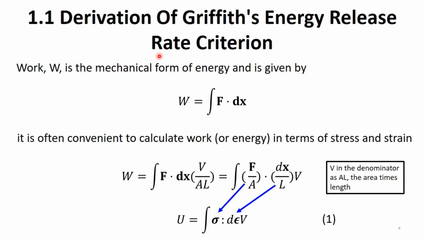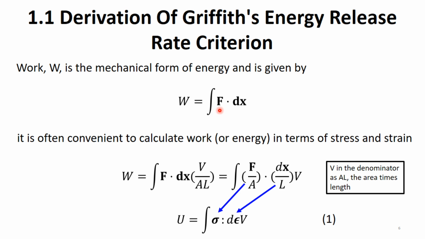In order to derive, we will start with the definition of work. Work W is the mechanical form of energy and is simply given by W equal to F into dx.